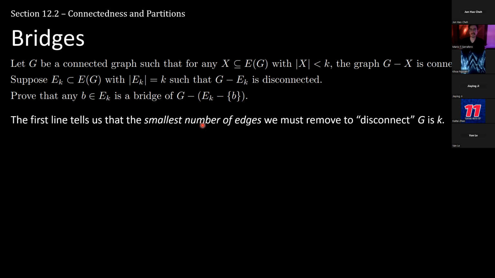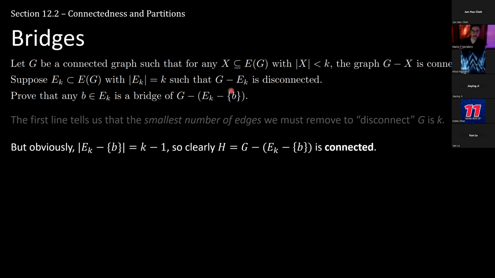The first line tells us that the smallest number of edges we must remove to disconnect G is k. That is what it's saying: if I take away fewer than k edges, then I'm still connected. Now, obviously, if I grab E sub k, which has cardinality k by definition, and I subtract v, one edge from it, then I have k minus 1 edges in this new set, E sub k minus v.